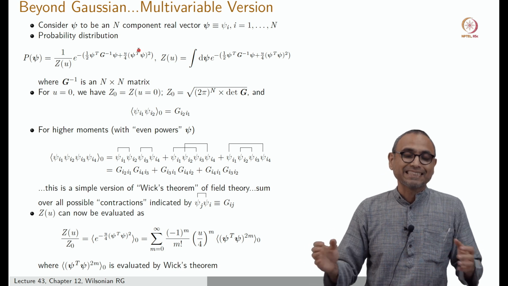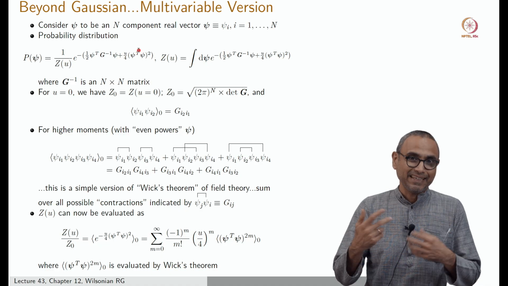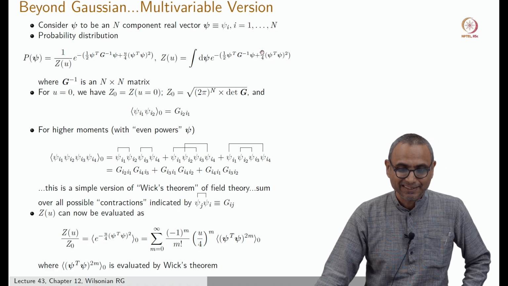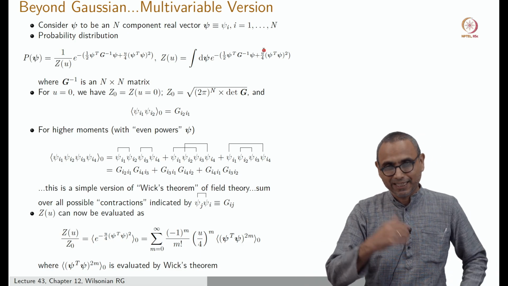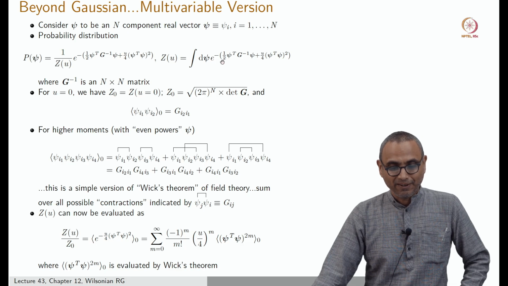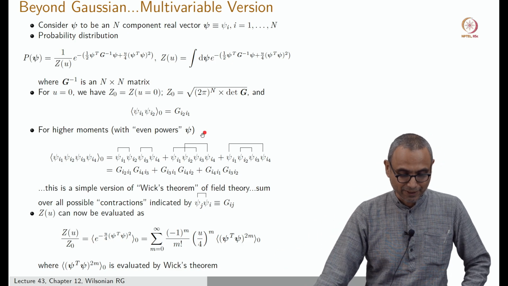Okay, so strategically you take the expectation value about the Gaussian and imagine that this U term is like a perturbation on the Gaussian, and you expand out the probability distribution weight about the Gaussian, and you see the effects of the U term.